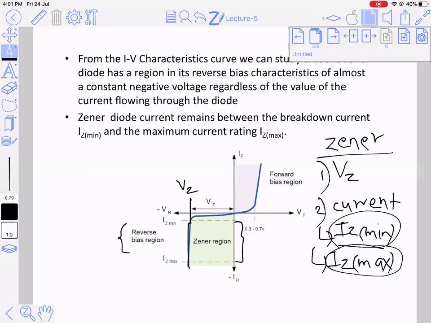If you look at this, the current is varying from IZ min to IZ max while the voltage across the Zener is constant. Hence, we use this particular property and make use of the Zener diode as a regulator because the voltage across the Zener diode remains constant.